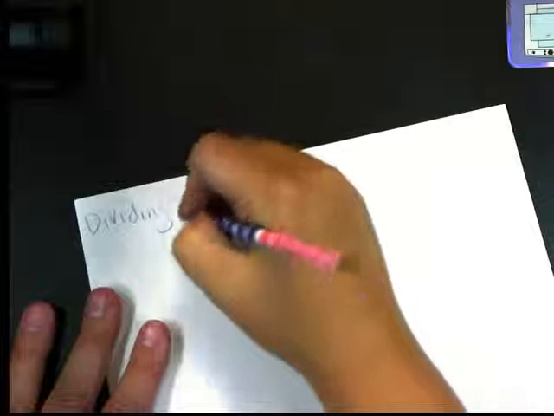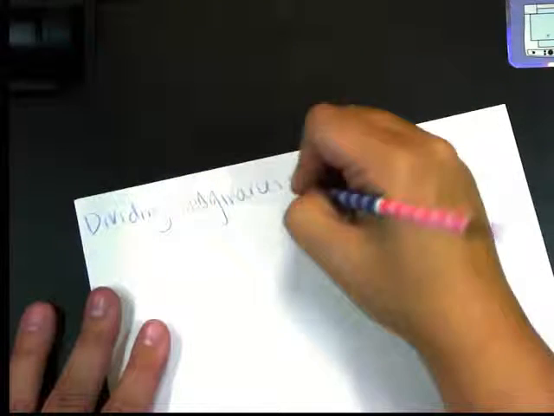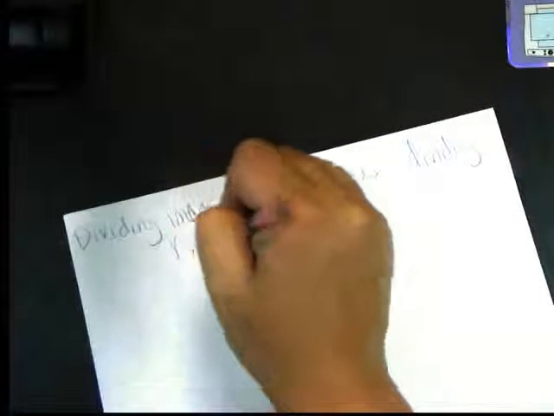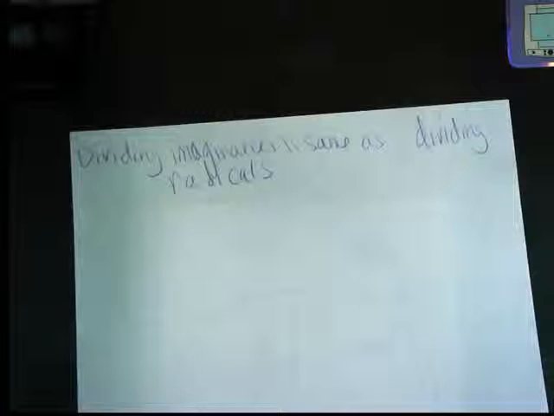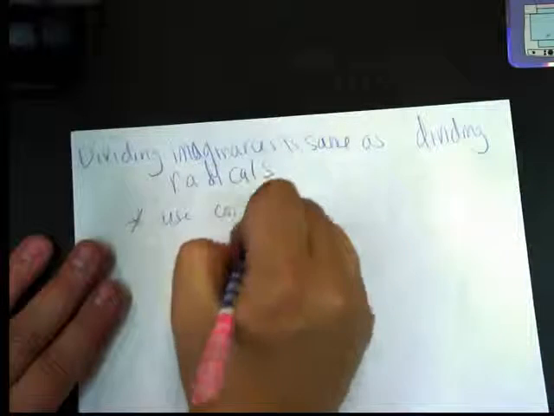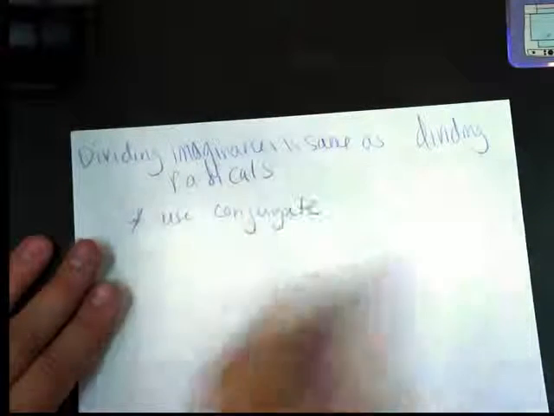Dividing imaginaries is the same as dividing radicals. We're going to use what's called the conjugate.